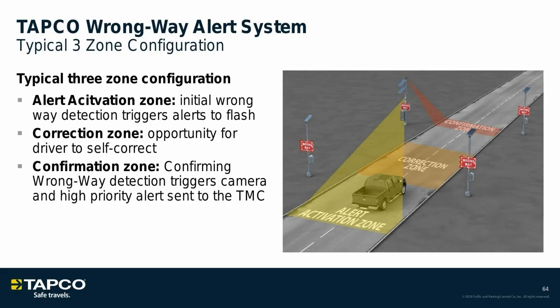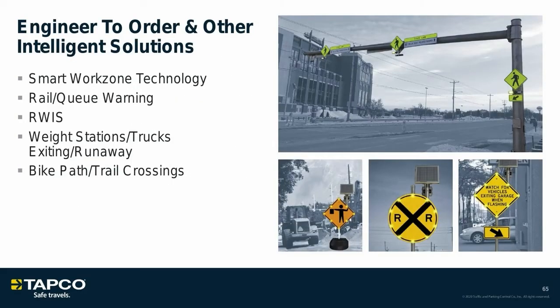To get through the last few slides here, on the engineer to order and other intelligent solutions, we do work zone safety, rail queuing and warning, RWIS, weigh stations, truck exits and runways, and then bike and trail crossings. So we do a lot of different things. What I want to make sure everyone realizes is TAPCO can be very customizable on the ETO side.